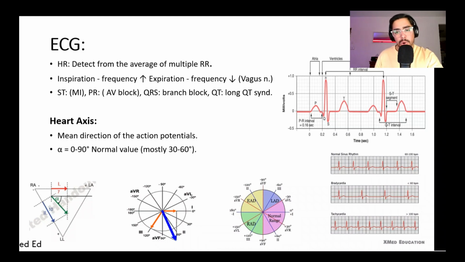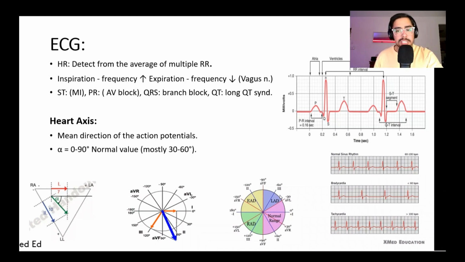But if it's more than 90 degrees to 180 degrees, they call it right axis deviation. It means that this axis deviated to the right side, which is not supposed to happen in a normal person. So if the ECG shows a right axis deviation, probably there is something wrong with the heart.